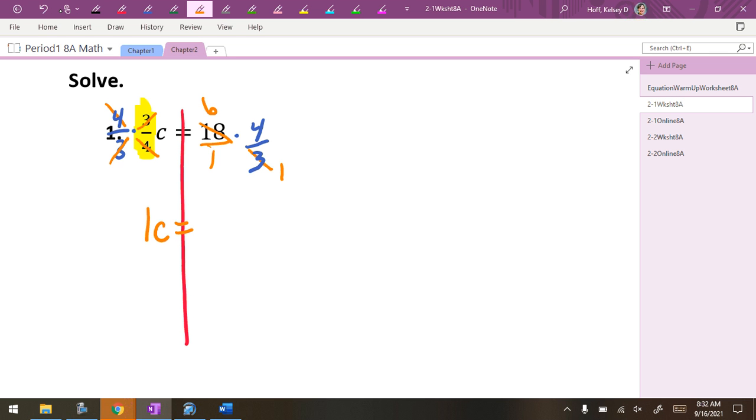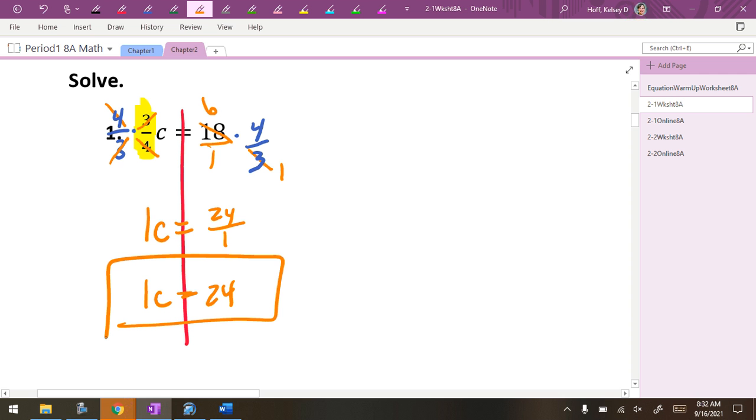I believe in her. Sarah, 6 times 4 is? You can 100% use your calculator if you want to. 24. Nicely done. And the denominator, 1 times 1. 1. Now, what is everybody, 24 divided by 1? 24.